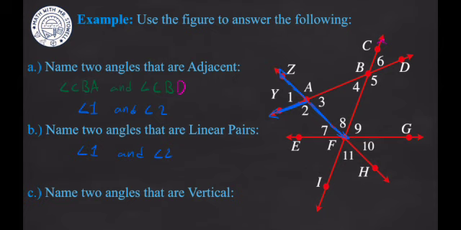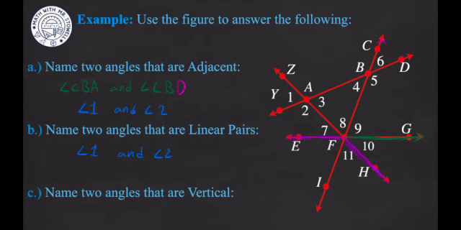We could also name off another one. Let's go with a different linear pair right here. Let's look at this angle, EFH, with HFG. Those are linear pairs.